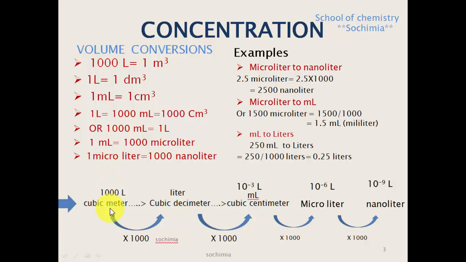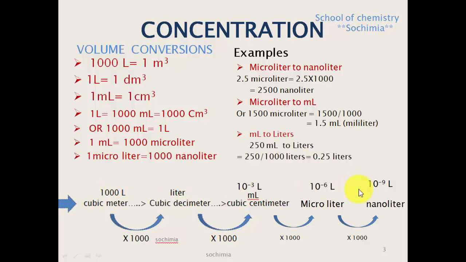Cubic meter is used industrially, and 1 cubic meter is equal to 1000 liters. Liters and decimeter cube are the same units, and they can be used in place of each other. Similarly, milliliters and cubic centimeters are the same units, and they can also be replaced with each other.